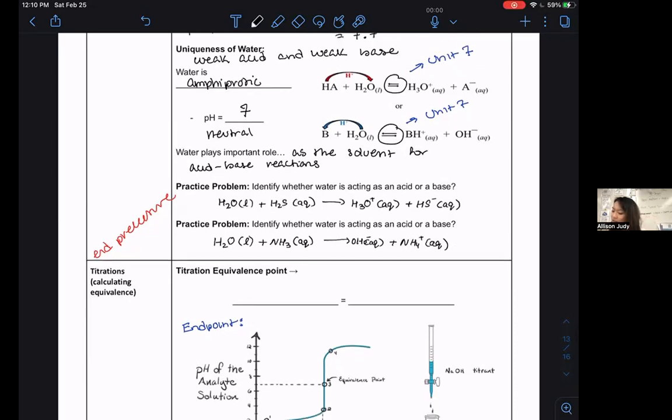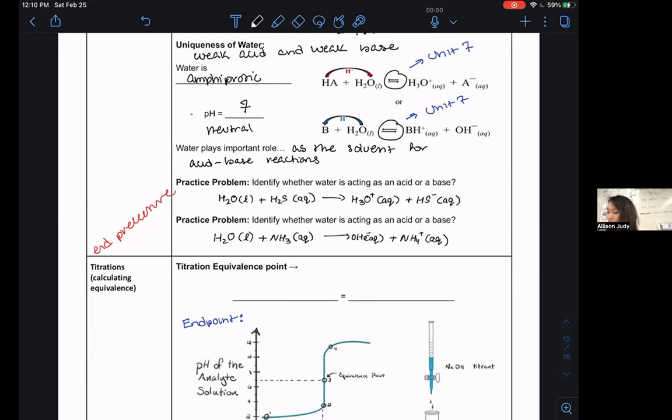Okay. So quickly identify in these practice problems whether water is acting as an acid or base. And pause me when you're ready, and then restart me. Okay, so hopefully you took a moment to look at this, and here what we see is water. The conjugate pair between water is it starts off with one less proton and it gains a proton.